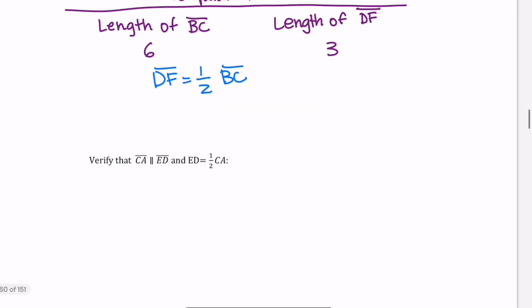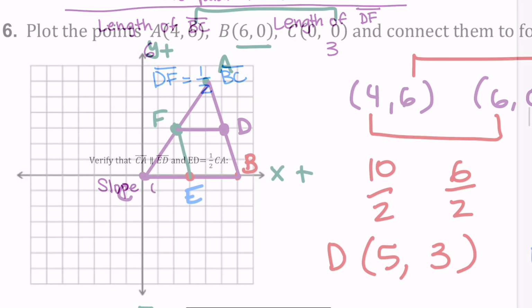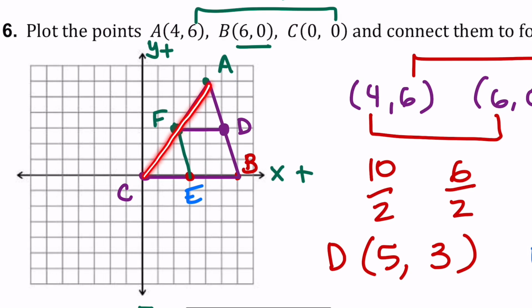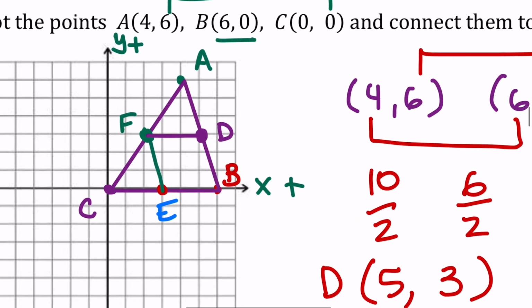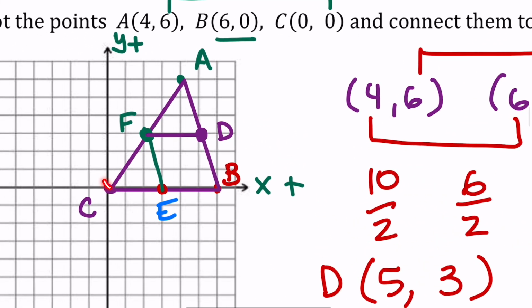Okay, now for our last one, we're going to do CA and ED. So we're going to find the slope of each of those. So I'm going from C to A. I do my rise divided by my run to find my slope. My rise, I'm going up 1, 2, 3, 4, 5, 6. And my run is 1, 2, 3, 4.